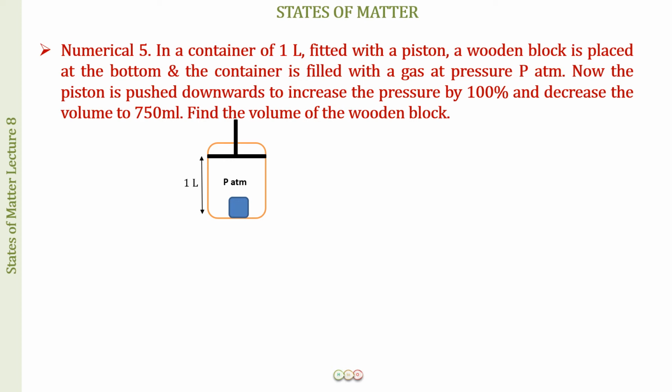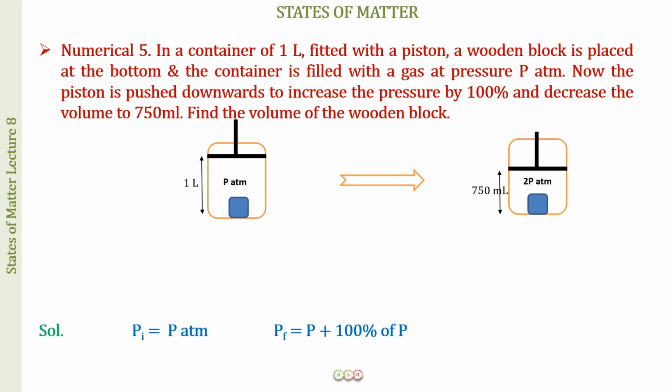Fine. So when we push the piston downwards, the volume of the container, according to the question, decreases to 750 ml and the pressure increases by 100%, which I have written as 2 atmosphere. So let us see how we've calculated that.